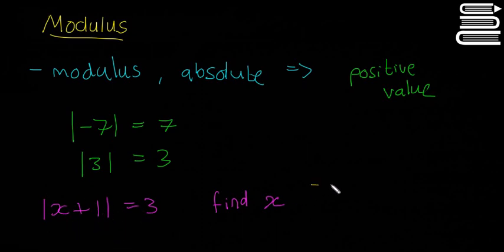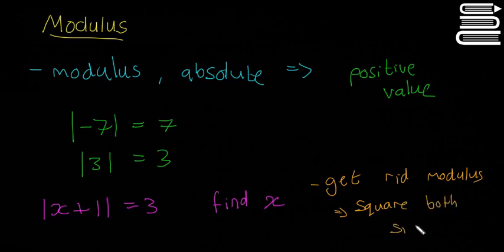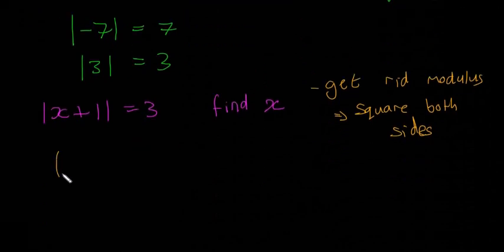So the way to get rid of the modulus is to square both sides. So you're going to go x plus 1 squared is equal to 3 squared.